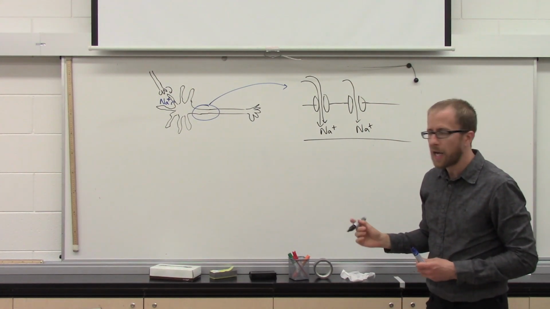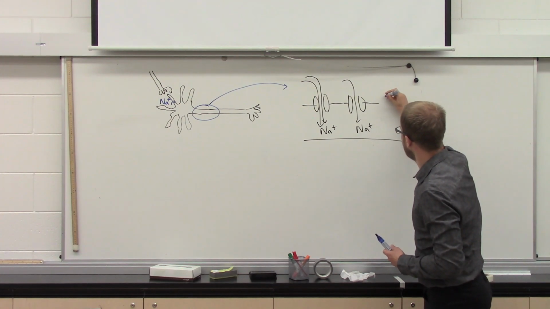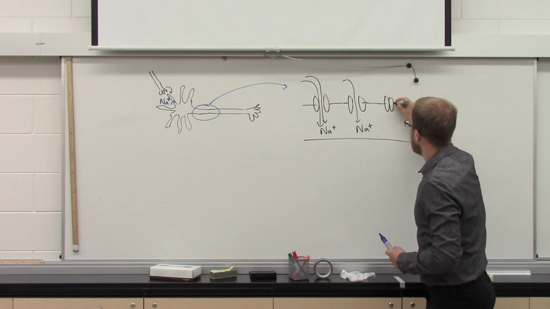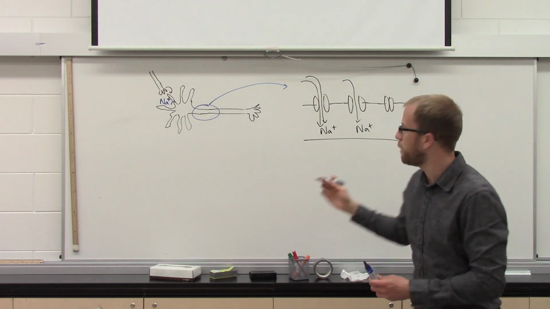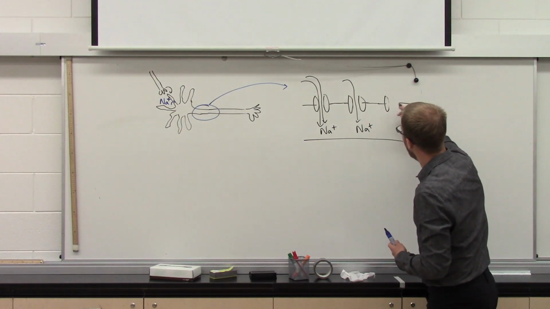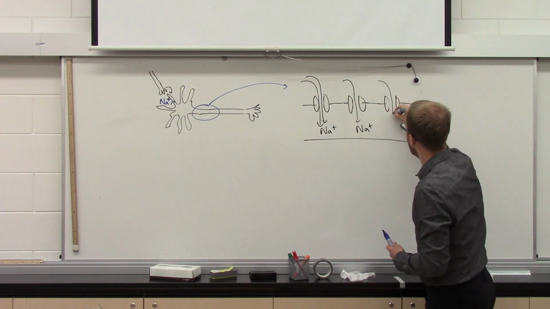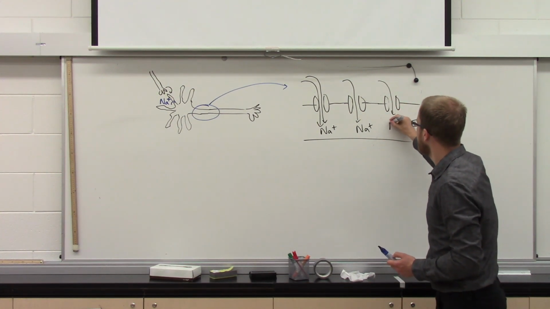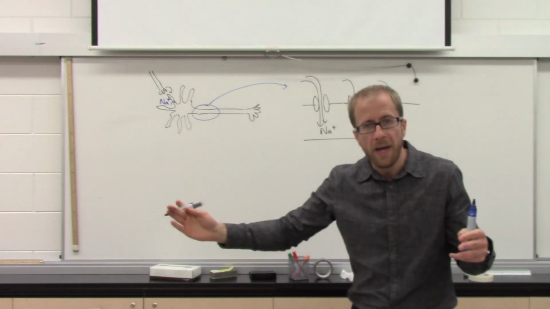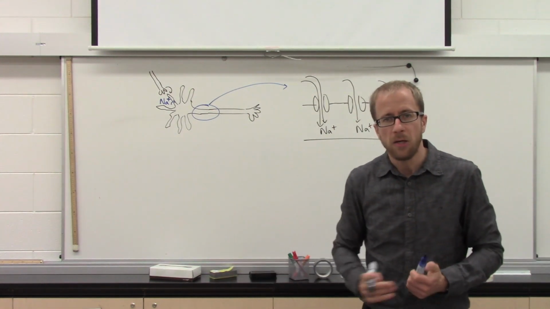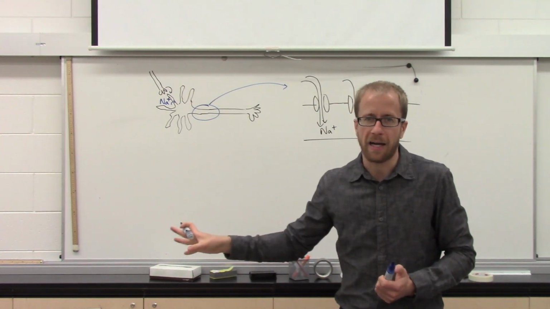Well, then what's going to happen to the channel that's a little bit further down? I think you get the idea, right? We're going to reach that threshold value of -55, and it's going to open up and allow more sodium to rush in. Now, this is going to continue all the way down the axon until you reach the end, the axon terminal.